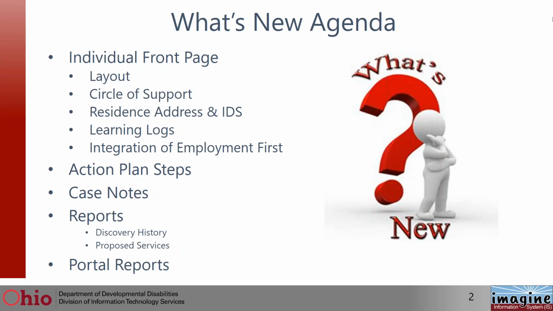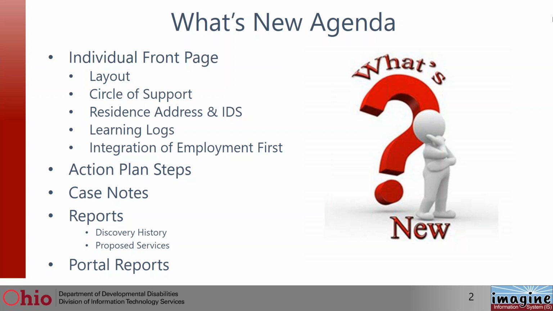So today we have quite a few things that are going into the system that I would like to talk to you about. First off, we have a lot of updates to the individual's front page. The layout has changed. The circle of support is now easier to input and view. There's a connection between the residence address and IDS.